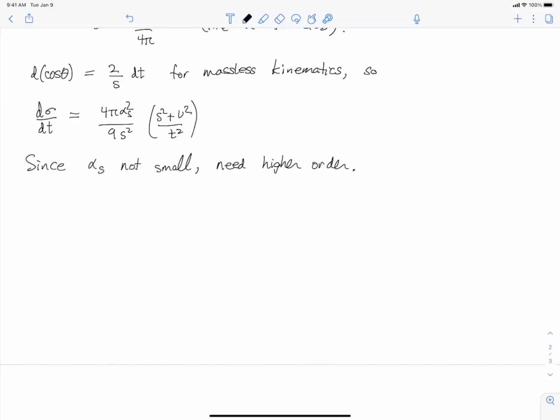And so let's write down what some of them are. And I'm just going to include things at one loop order. Okay, so let's just draw all the diagrams we can think of at one loop order.